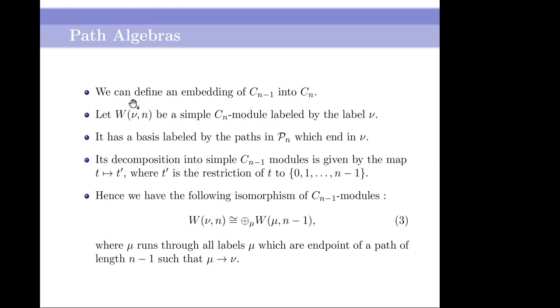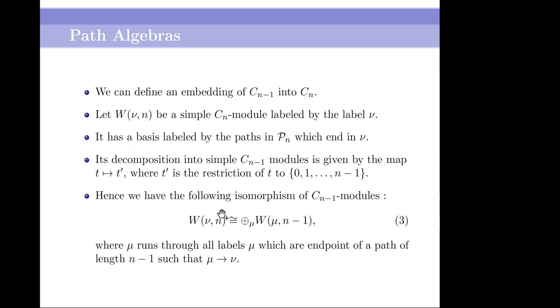And we will consider the simple Cn modules labeled by nu. They have a basis labeled by paths which end in nu. And we can decompose these modules into simple Cn minus 1 modules given by the maps t restricted by 1 less, so t goes to t prime, where t prime is the restriction of t to the length 0 to n minus 1.